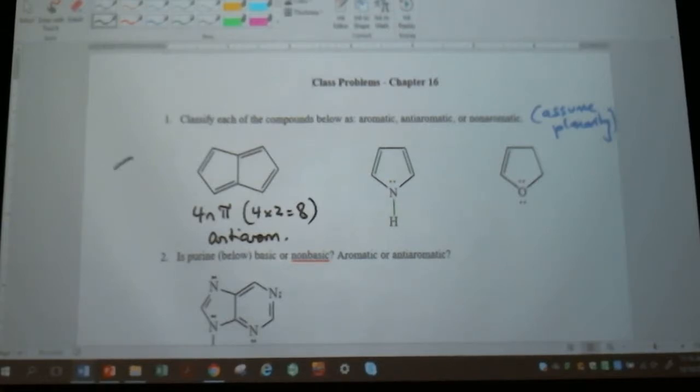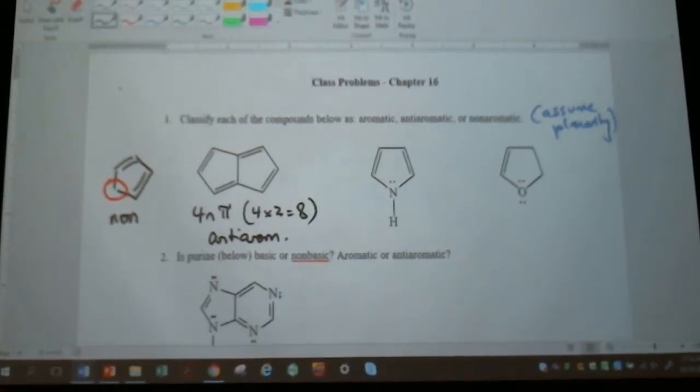Again, if I had shown you this, and asked you, is this aromatic, anti-aromatic, or non-aromatic? What would be your answer? Non-aromatic. Because there's an sp3 carbon here, we don't have a continuous array of p orbitals. This is non-aromatic.